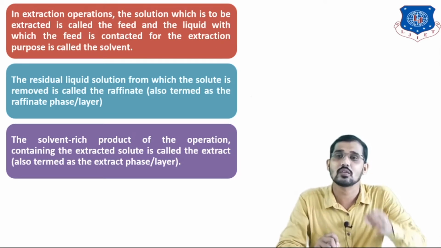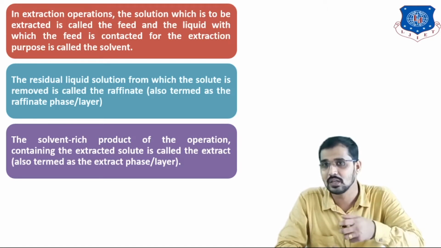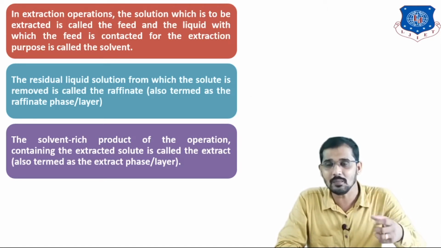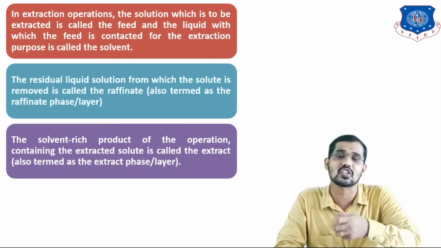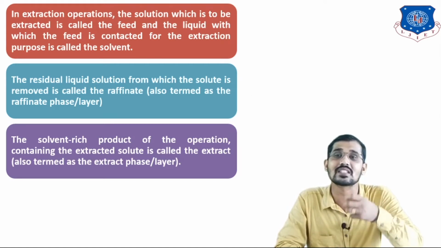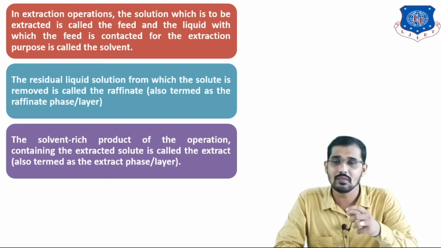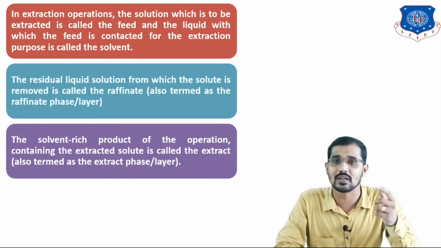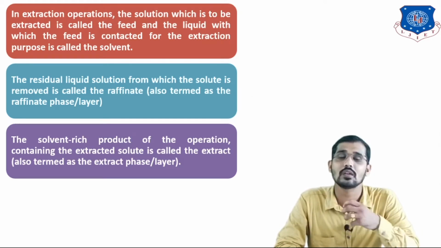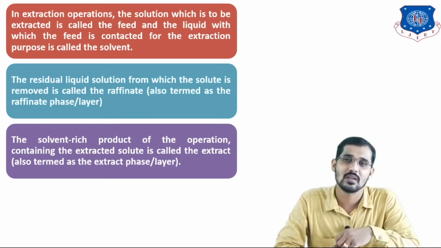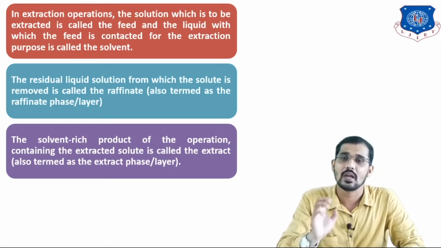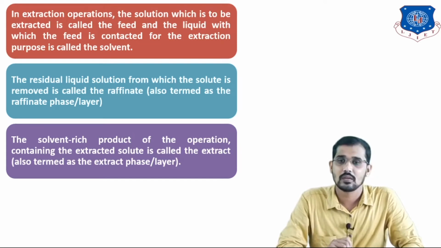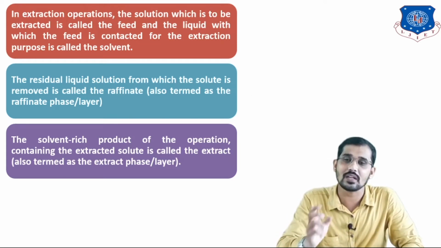Means whatever component we are removing from the liquid is present in one of the streams, the outlet stream from the extraction equipment, and that stream is the extract stream. We will see the block diagram for liquid extraction now. You will understand the outlet streams and inlet streams for the liquid extraction process. So this is the definition for raffinate and extract phase.